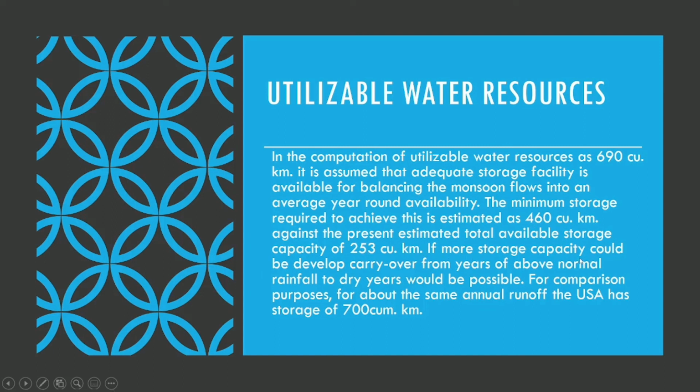If more storage capacity could be developed, carryover from years of above normal rainfall to dry years would be possible. For comparison purposes, for about the same annual runoff, the USA has storage of 700 cubic kilometers.